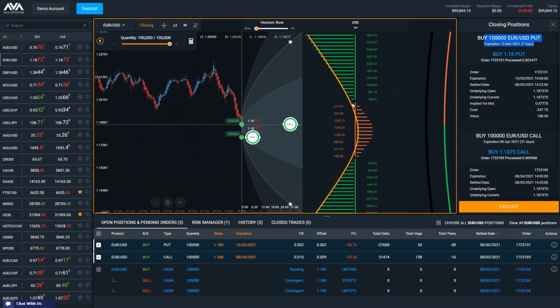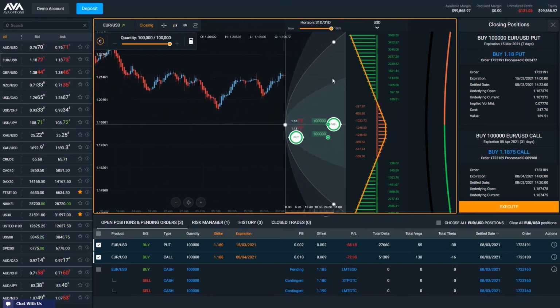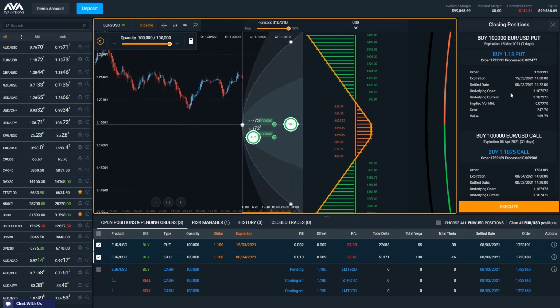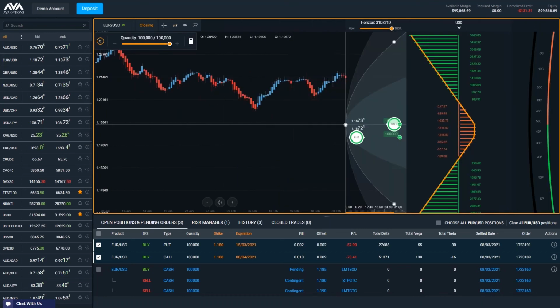We're going to make money if the market goes up. We're going to make money if the market goes down. But if the market doesn't go anywhere, these options could both expire worthless, and we're just going to lose money. So as time goes by, you can see how the portfolio performs. All of this is adjustable. You can change what you want to see and play around with it very nicely.